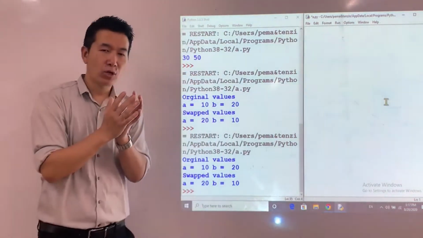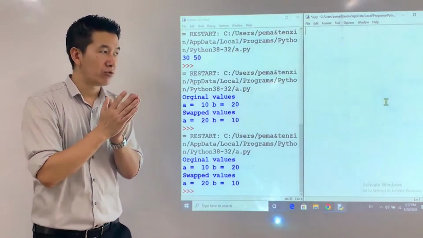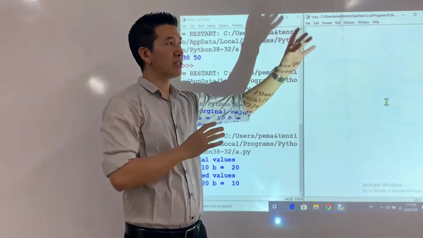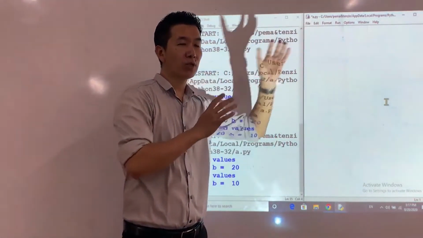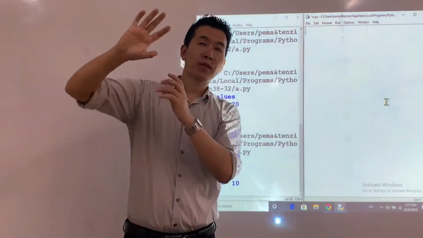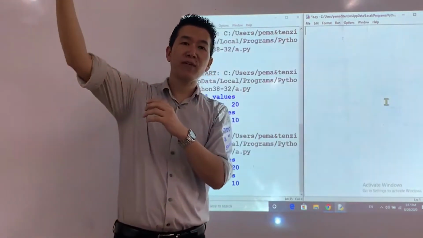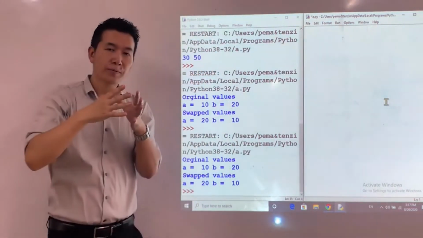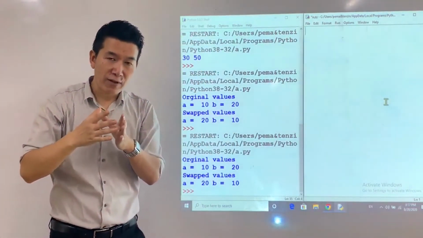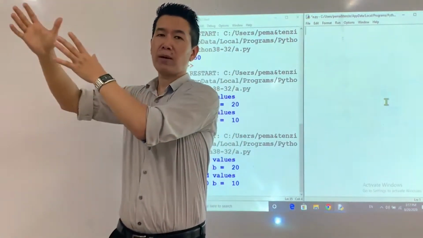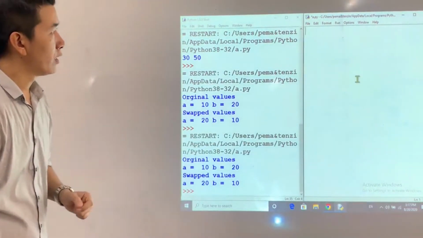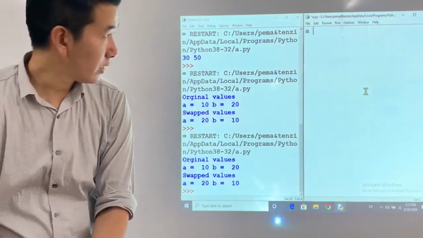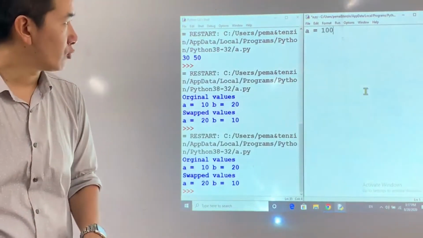But what happens with Python is Python variables refer to a certain value, and that value will have a certain address. So the moment you change the value, it will point to another value, and that other value has a different address. Since Python variables refer to the value stored in the memory location, the addresses will keep on changing. I'll show you the proof. Let's say A is equal to 100.